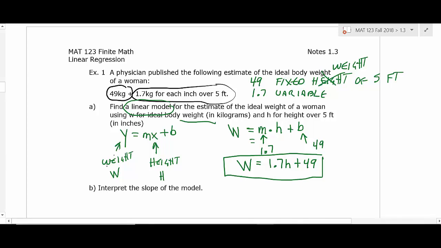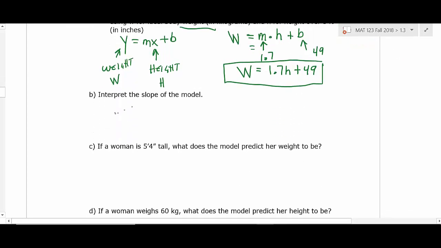Okay, so what we're going to do is an interpretation, and that's what I just told you. Let's write this down. 49 kilograms is the weight for a 5 foot tall woman.